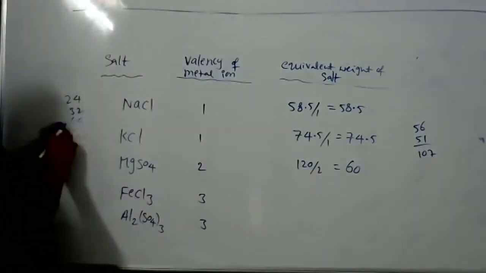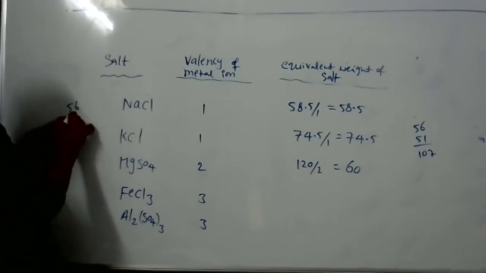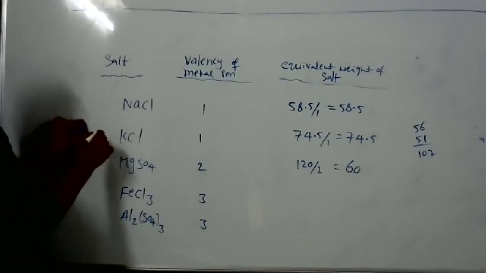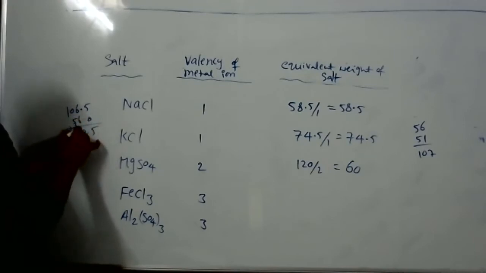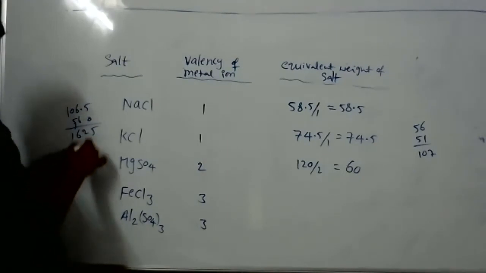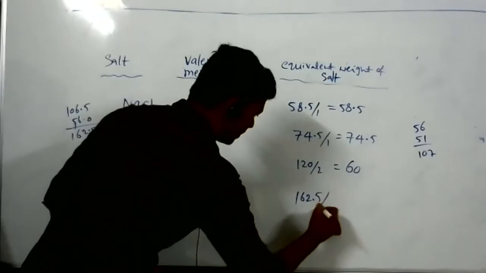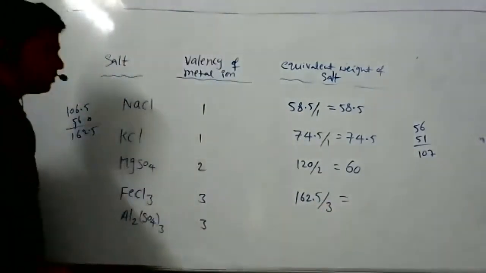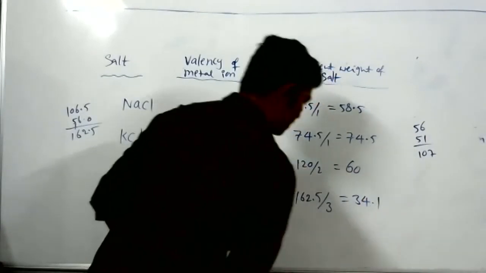Next, FeCl3: iron 56, 3 chlorines 106.5, total 162.5, divided by 3 gives 54.17.